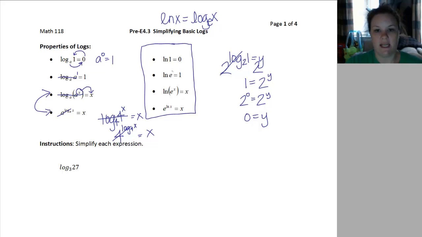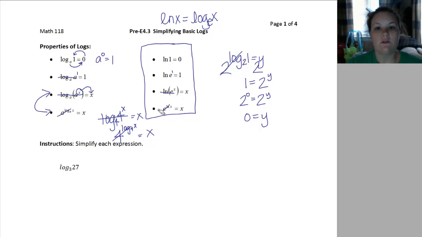Here, ln and e cancel. I have one copy of my e there. So when I cancel my ln and my e, I'm left with my exponent, which in this case is just 1. On the next one, I have ln of e to the x. Ln and e would cancel. I'm left with just x. And then here, my exponential base is e. My log base is e. So those would cancel, and I'd just be left with x.